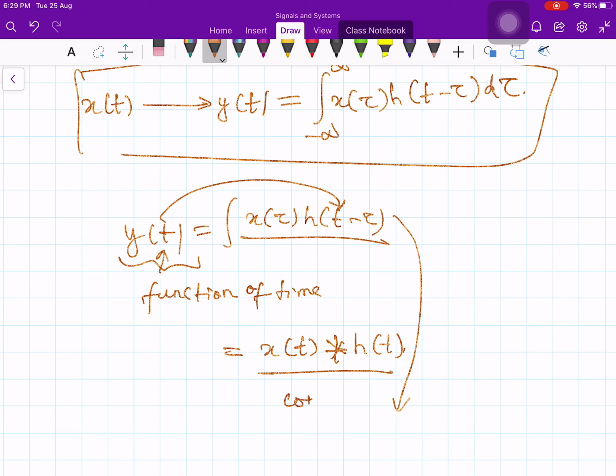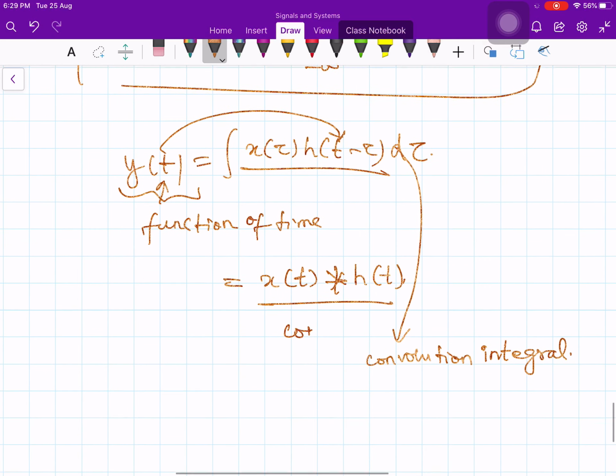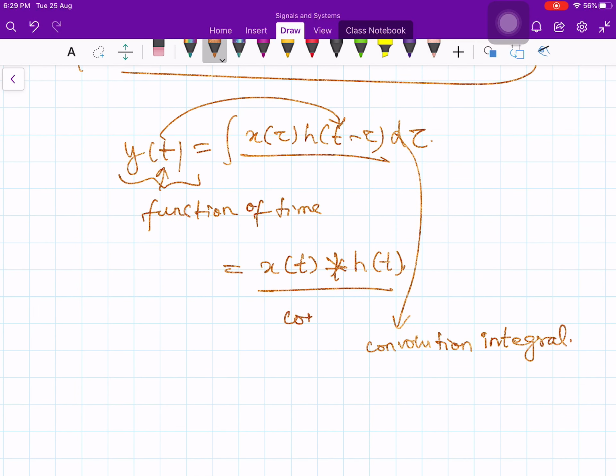The previous case was the convolution sum because it is discrete, where we used summation, and here since it is continuous we put an integration, so it is called a convolution integral. So if you convolve two functions of time x of t and h of t, the meaning is this one.